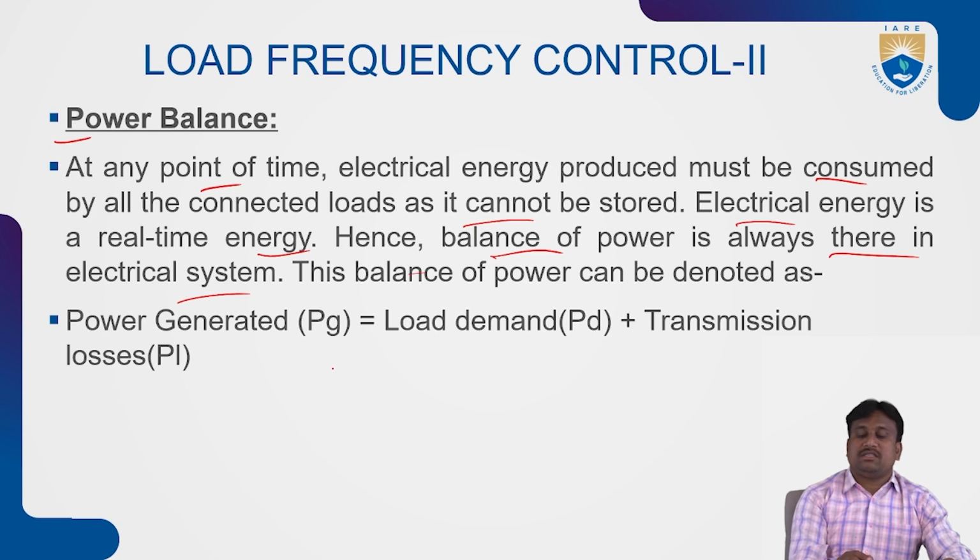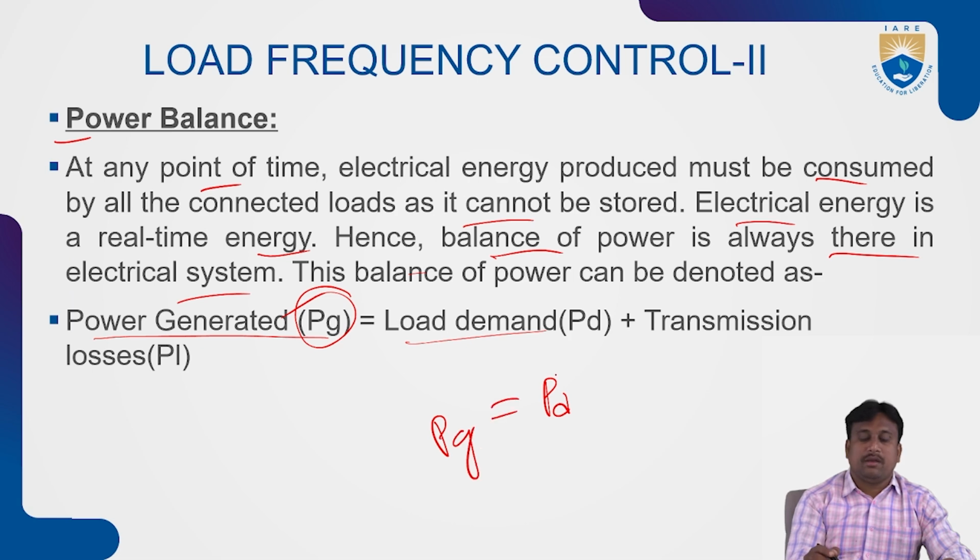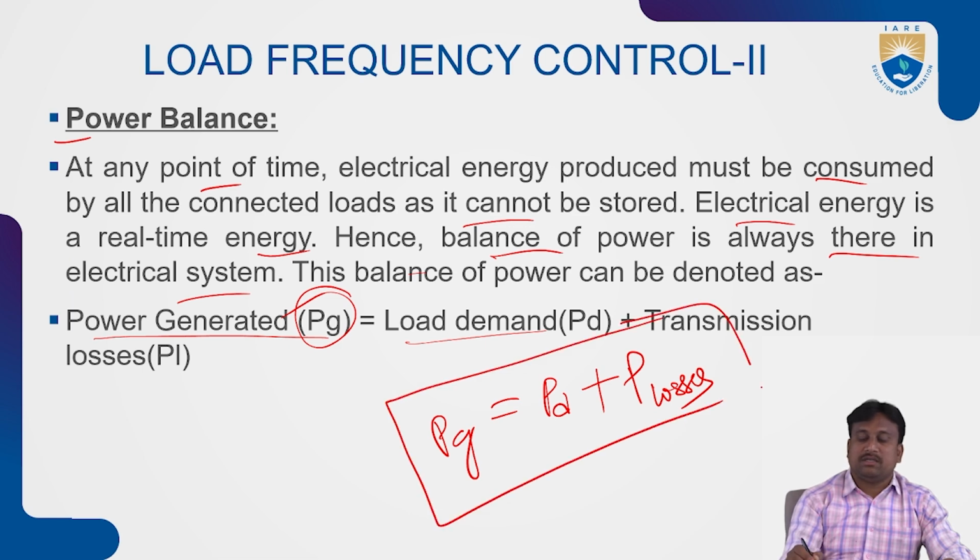So this balance of power can be denoted with the power generated PG equals the load demand PD plus the transmission losses. This is one of the equations which specifies or determines the balance of power.